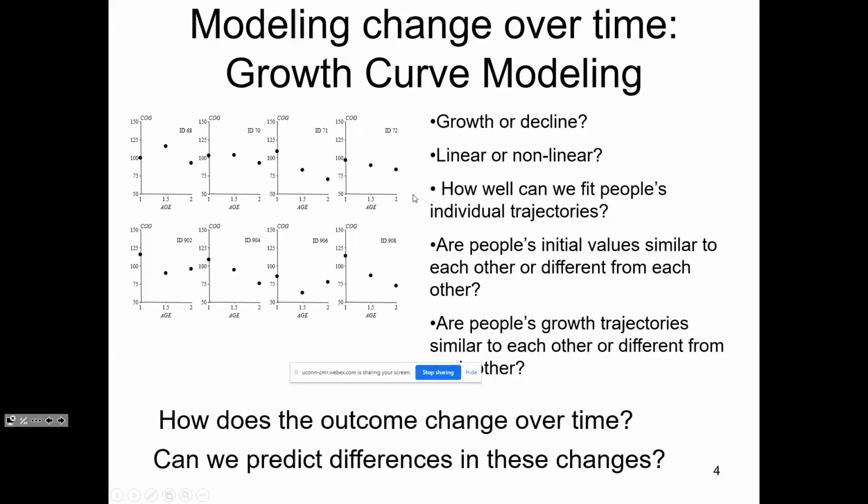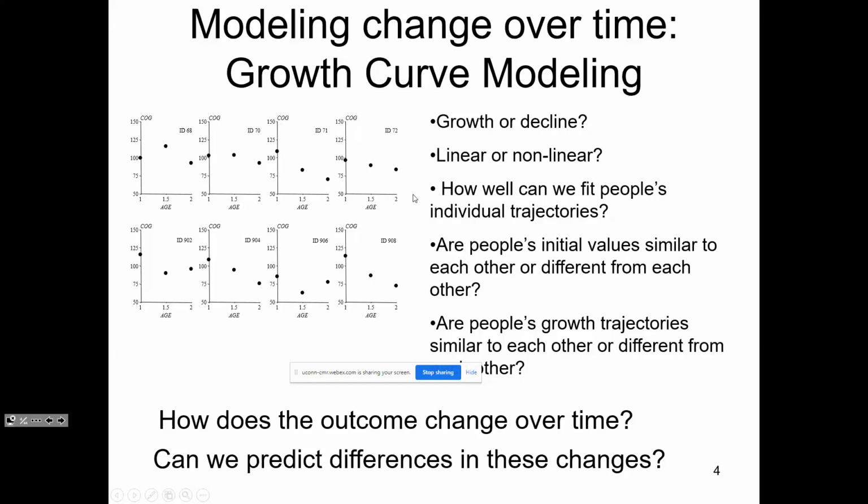And then there's a more macro level question, which is, how similar or different are people from each other in terms of where they start out and how fast they grow? Or, we can set those questions a little bit differently depending on how we center variables. We'll talk about that. But are people's growth trajectories similar to each other or different from each other? So how well can I fit growth trajectories for each person?